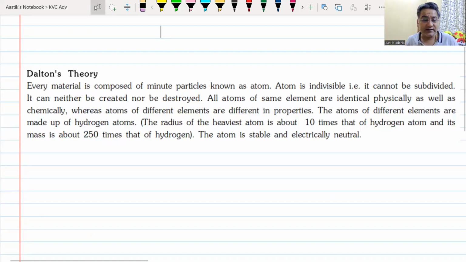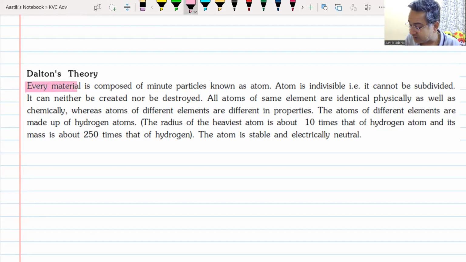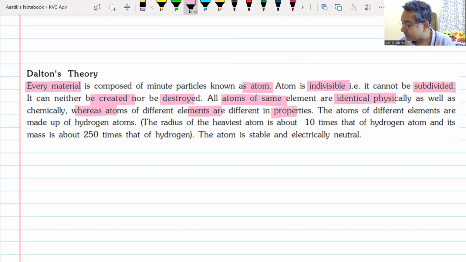The first one is Dalton's theory. What did he say about the atom? Every material is made up of particles known as atoms. The atom is indivisible, though we still know that it is not. It cannot be subdivided, and cannot be created nor destroyed. All atoms of the same element are identical, whereas atoms of different elements are different. The atoms of different elements are made up of hydrogen atoms, that is what he taught.